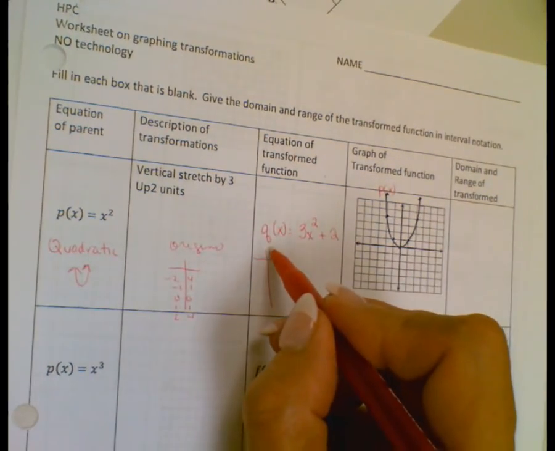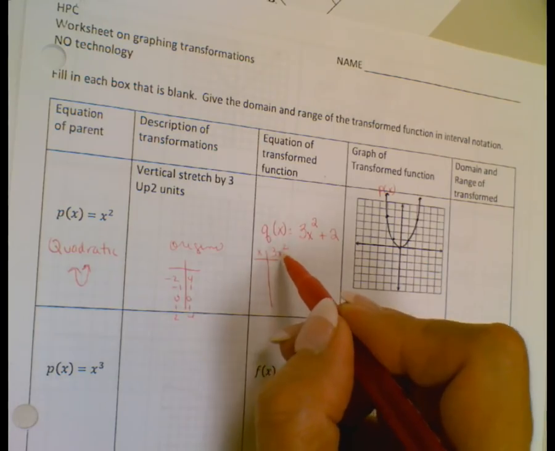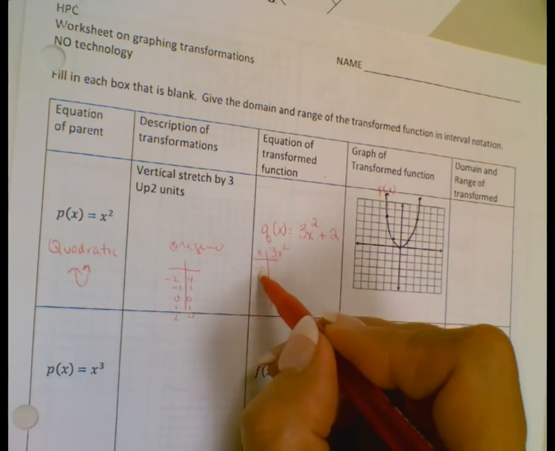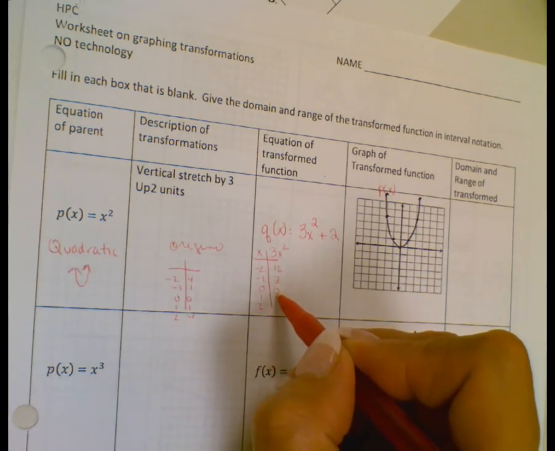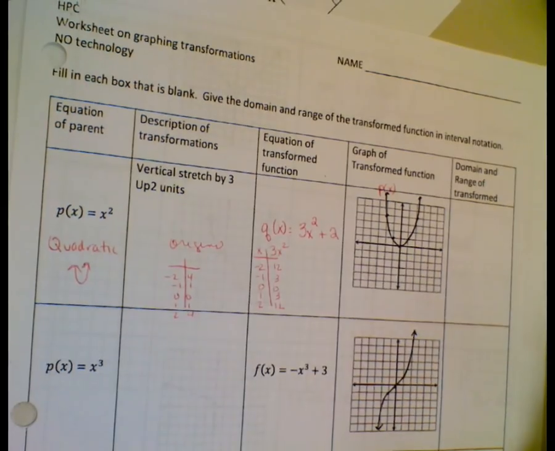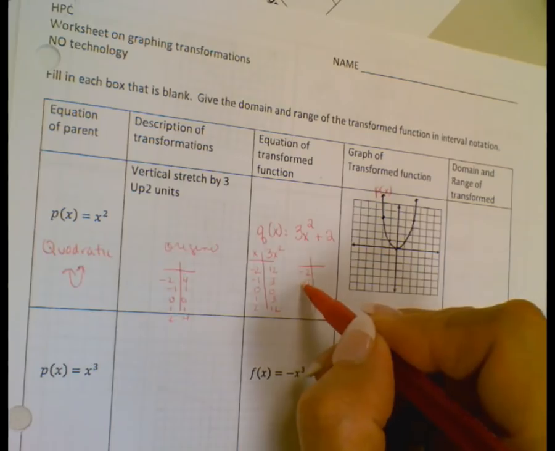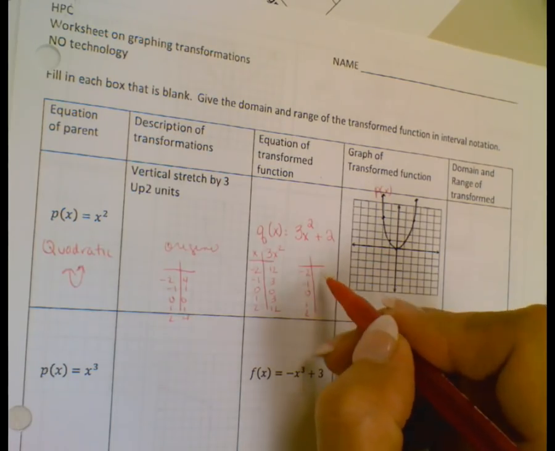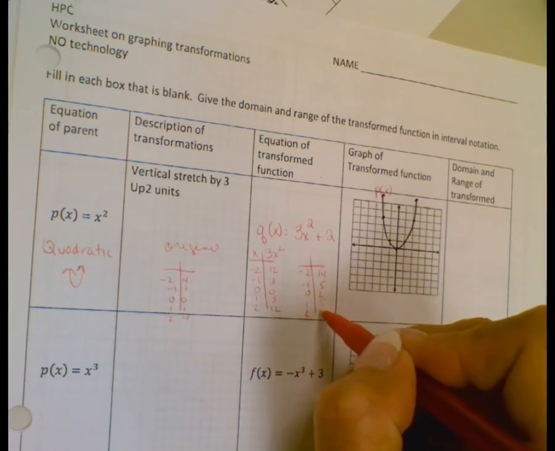So if you just did the vertical stretch, that means all the x's would stay the same, but you're multiplying all these by 3. So it's 12, 3, 0, 3, 12. And then the additional 2 means you keep the x's the same, but you add 2 to all of these. Add 2, add 2, add 2, add 2.